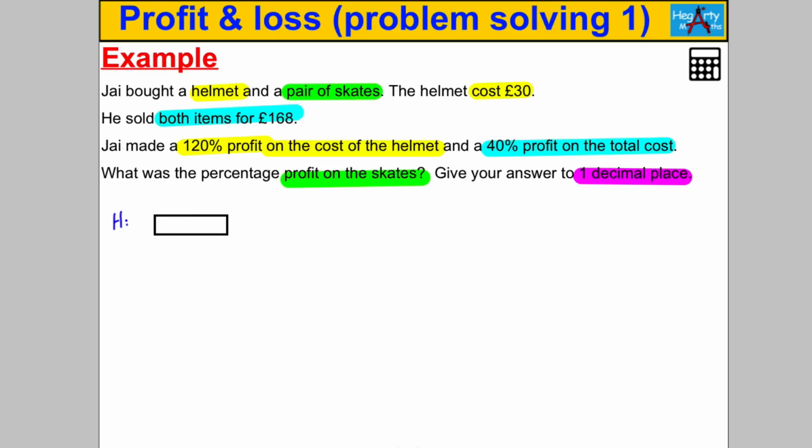So if that was the original cost of the helmet, we know that Jai sold it for 120% profit on the original cost. So if 100% was the original cost, which we know was £30, he made 120% profit on that. So we could work out 120% of 30.